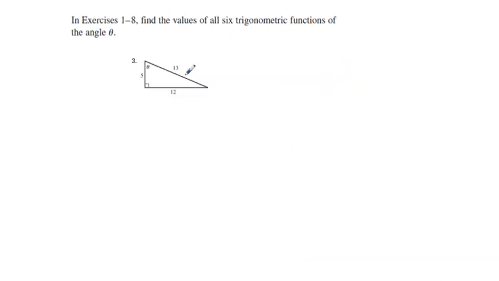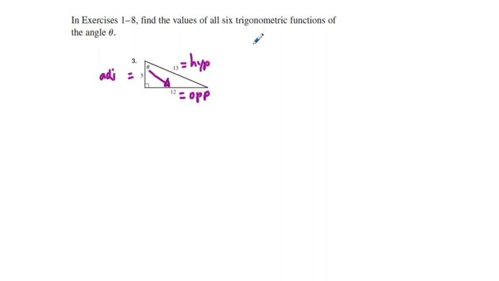Here, for problem 3, in the upper left-hand corner is where angle theta is located. But it's the same principle. We go ahead and take theta and draw an arrow opposite from theta and get 12. So 12 is our opposite side. Adjacent is going to be 5. And the hypotenuse, which is the longest side, is going to be 13.